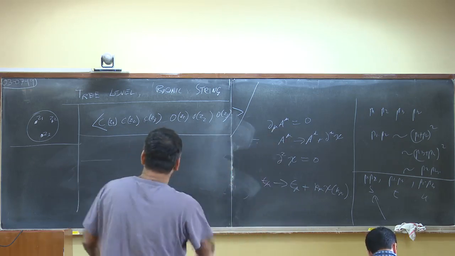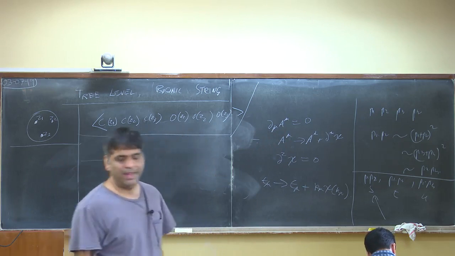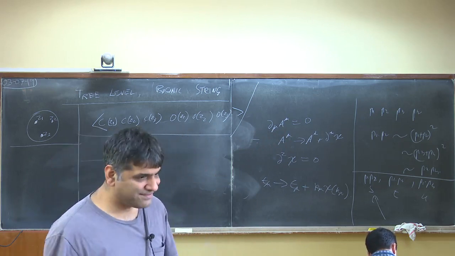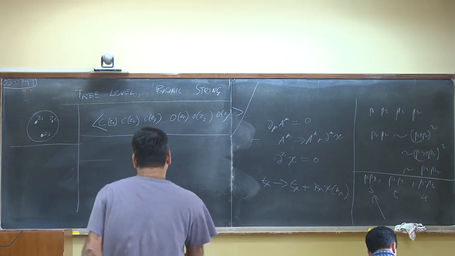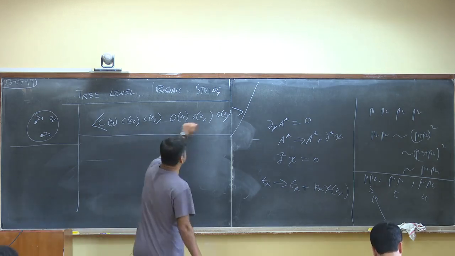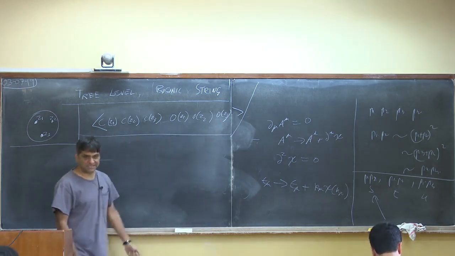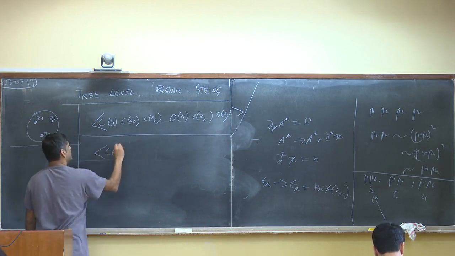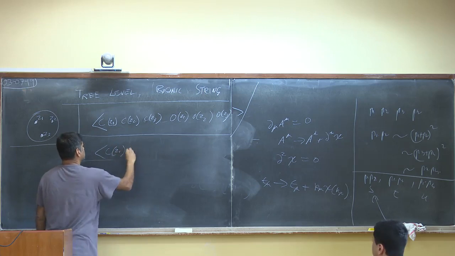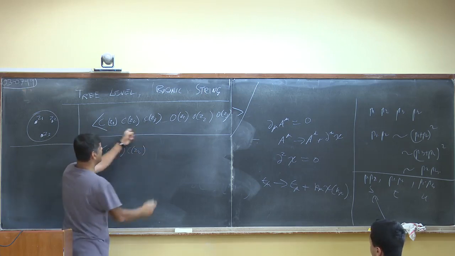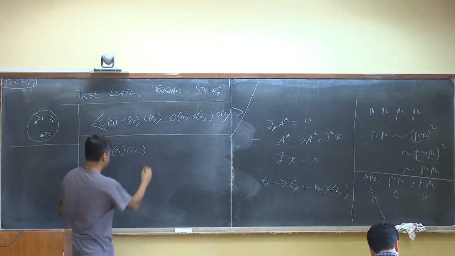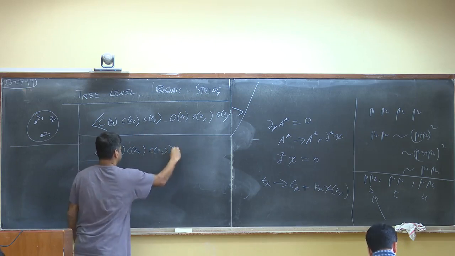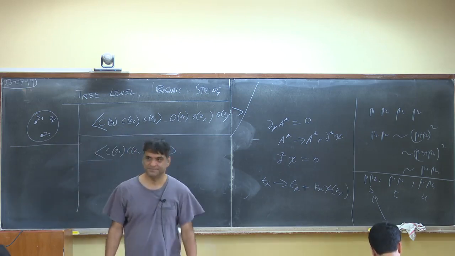So it's the product of the expectation value of C1, C2, C3 and the expectation value of O1, O2, O3. The O's will depend on what states we're scattering, but the C's are universal. So let's start by computing C of Z1, C of Z2, and C of Z3. I've not written the C bars.